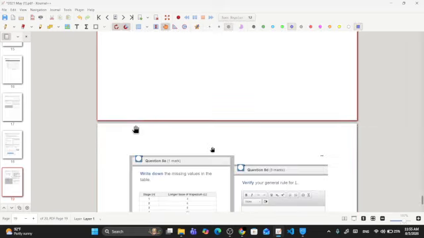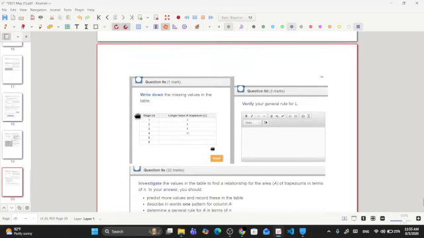The next part is of course going to be verifying your general rule. That's very easy as well. What we can do is substitute the values n equals 2 and n equals 5. So 2 multiplied by 2 plus 2 gives me an answer of 6. 2 multiplied by 5 plus 2 gives me an answer of 12.